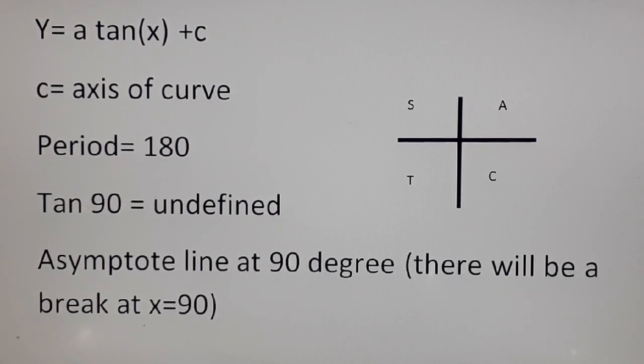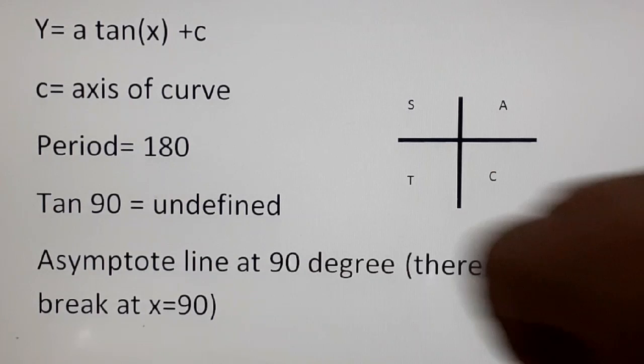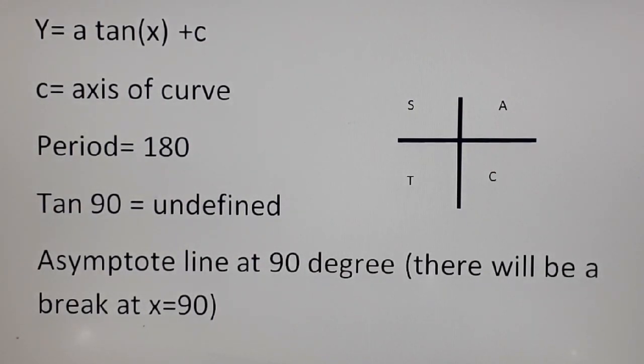Moreover, you can see that tan 90 is undefined. So tan 90 will not give you any defined value. It means that when we draw tan in the domain where we have 90, there will be a break in the curve. So at 90 we will draw a vertical line which is called the asymptote line.